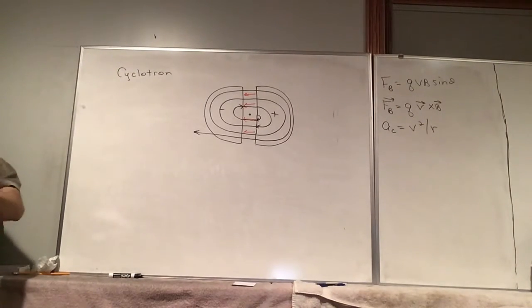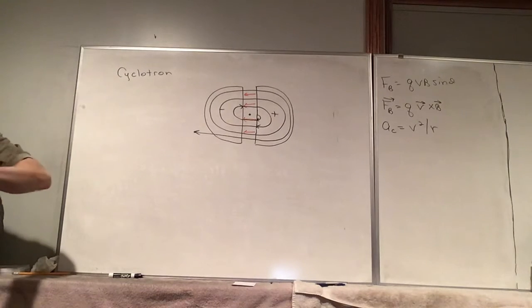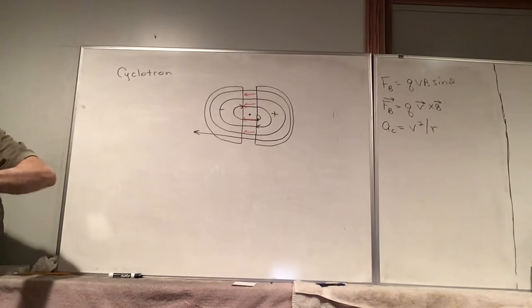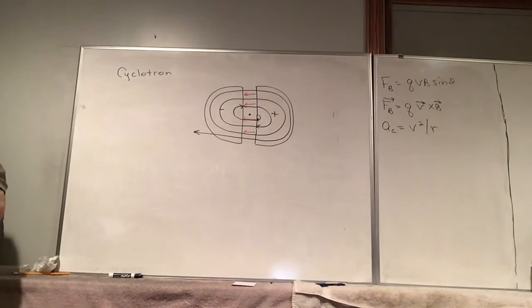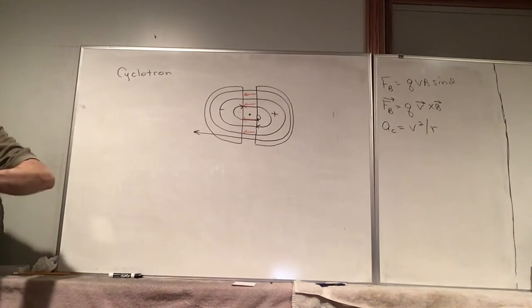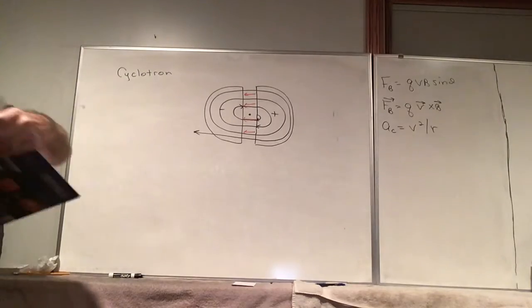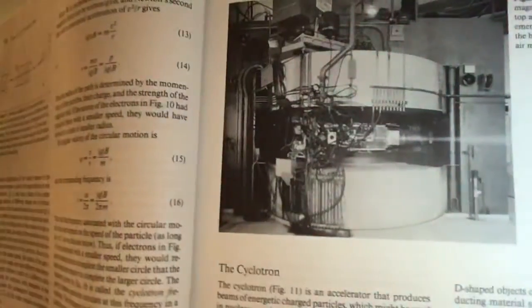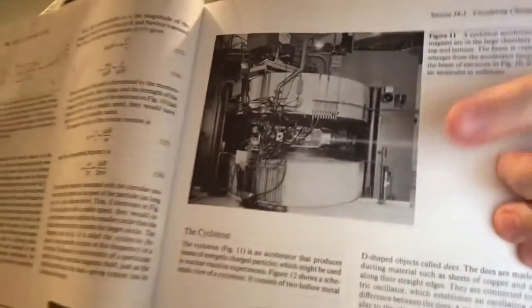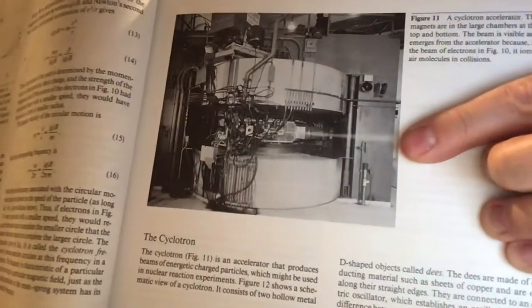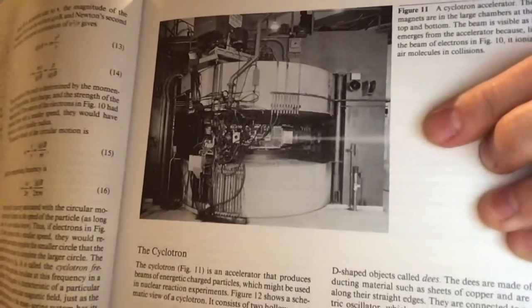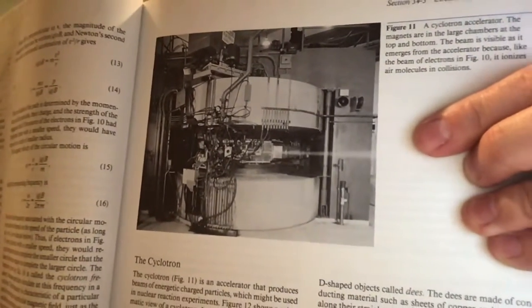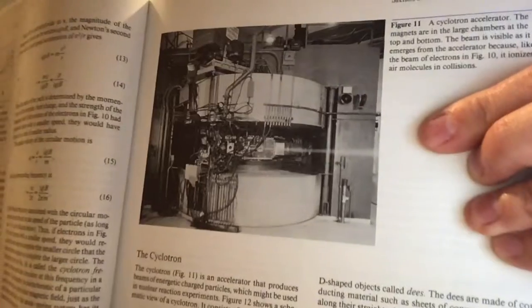It's actually a really cool picture. So this is an actual cyclotron. And you can see this beam here. These are the charged particles. They're so energetic, they're ionizing the air and creating a visible beam.